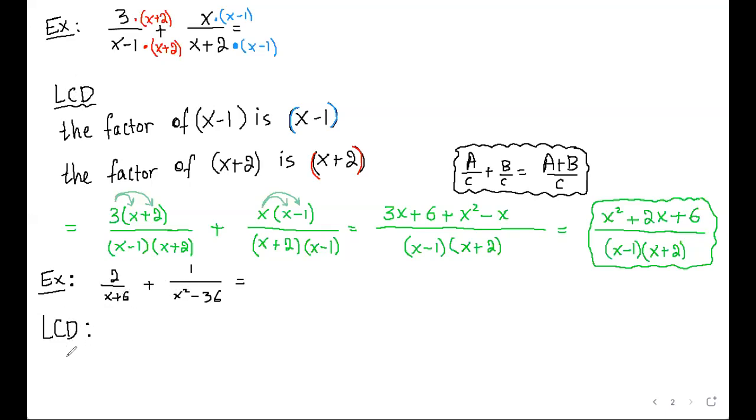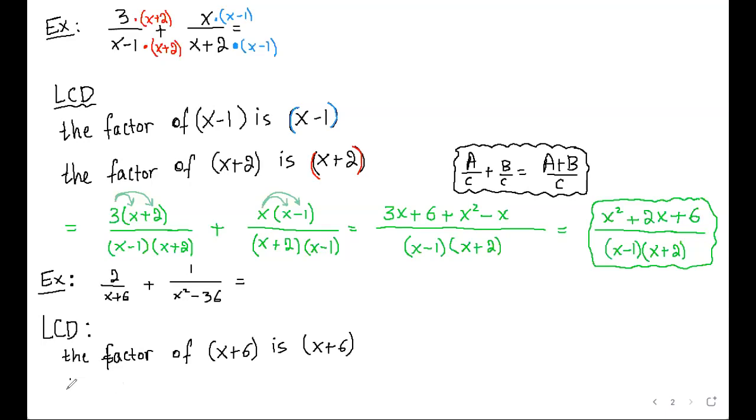Who will help me to do this first one? What is the factor for x plus 6? x plus 6. Exactly. So it's already factored, we don't have to factor it more. So it is x plus 6.